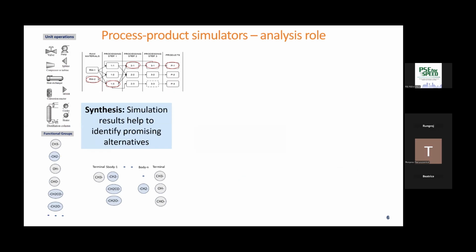Another role is analysis. We have done the generation, and we have hundreds of flow sheets or molecules. We want to find very quickly which are the promising ones. So we need to analyze the results and find out through some metrics which are the promising ones.